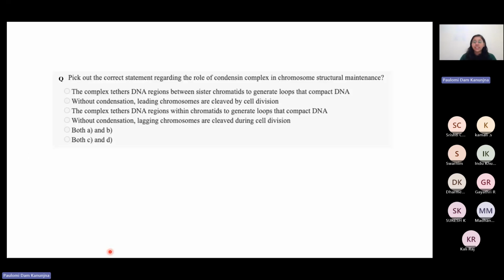Now as you can see, the question type changes. This is because this is from a previous year's assignment. So let's try to do this quickly.